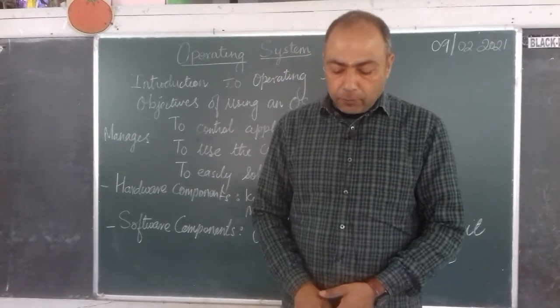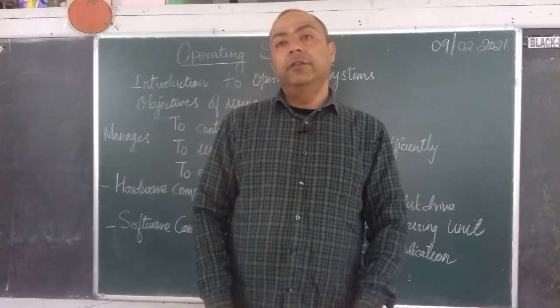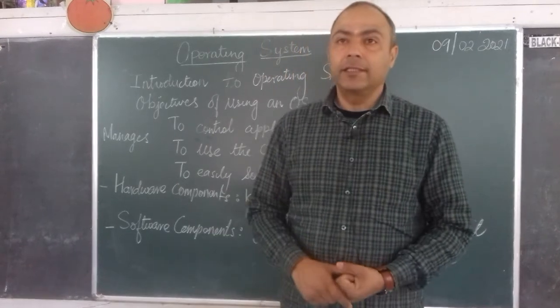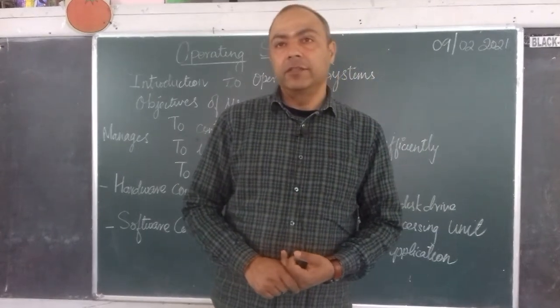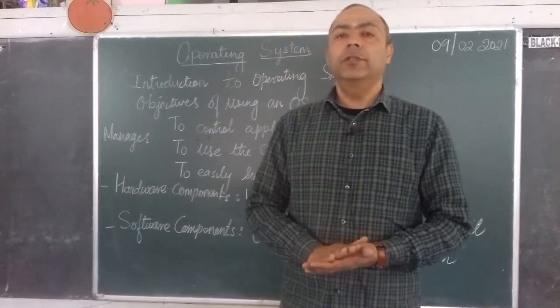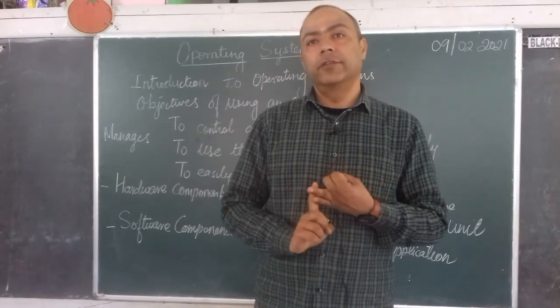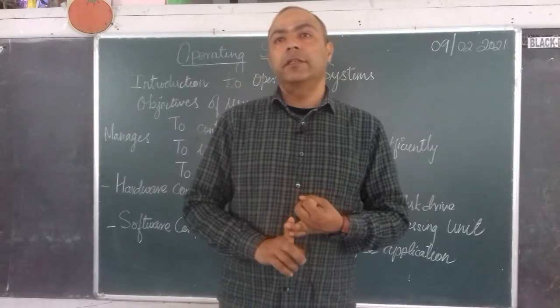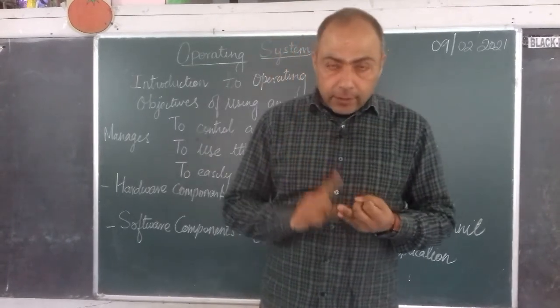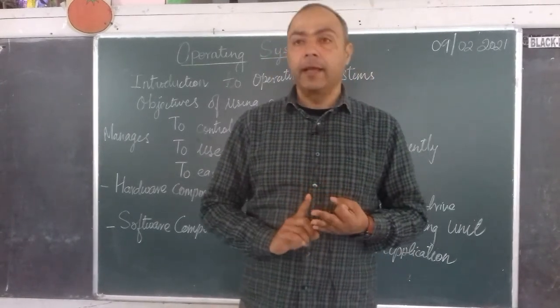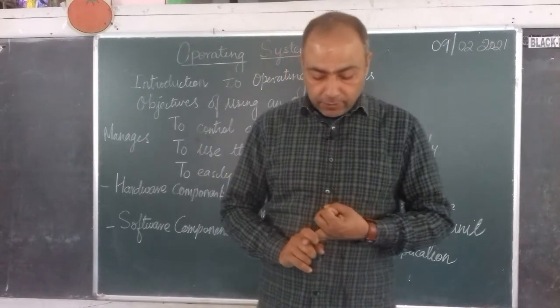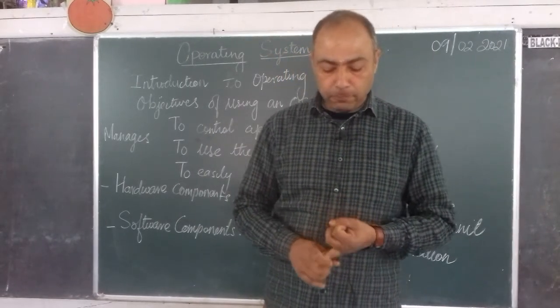The software programs are broadly classified into two categories, that is system software and application software. So, a computer system is made up of hardware components and software components. Software components can be divided into system software and application software. System software has programs to manage the computer.